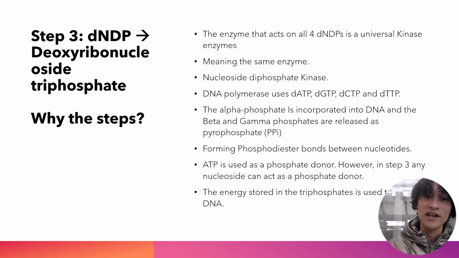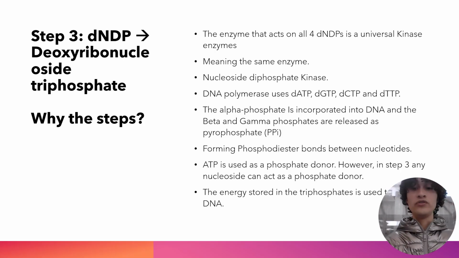They're being released, so you get pyrophosphate, PPi in equations, and that release of the beta and gamma phosphates provides the energy for that work to happen, for the DNA polymerase enzyme to form that polymer from those subunits.